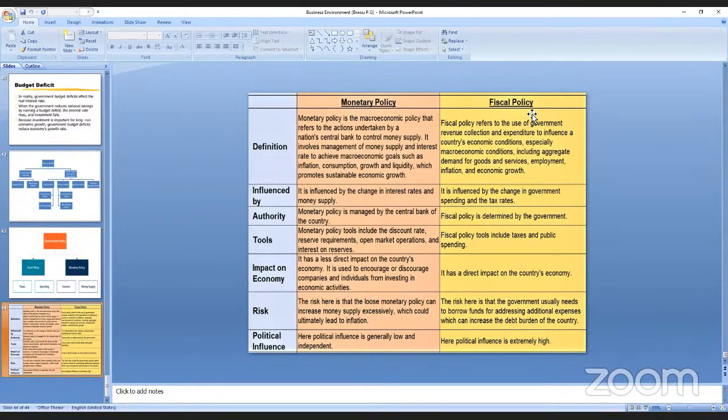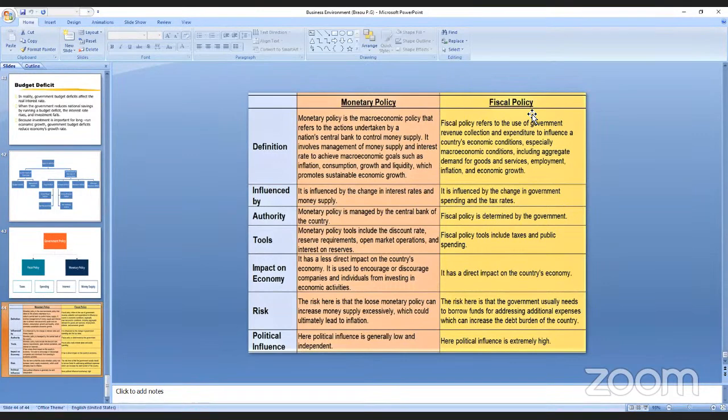Political influence on monetary policy is generally low, and it is independent. Political influence on fiscal policy is extremely high. Is it clear? Yes, ma'am, it's clear.